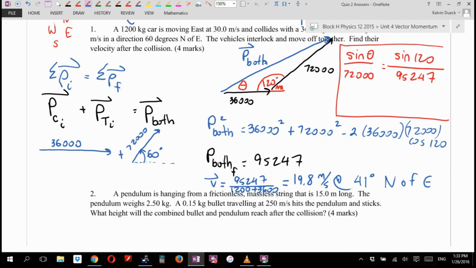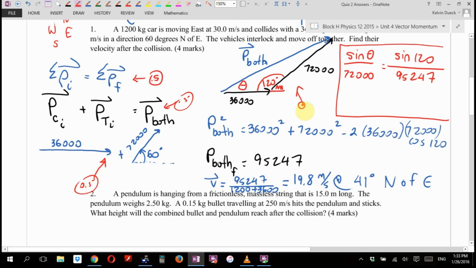Otherwise, yeah, I'd probably do something like this. Half mark for cluing in its conservation of momentum, because by the end of the year, if you remember that, that's important. I'd give you a half mark if I saw that equation. A half mark for your little vectory pictures there.